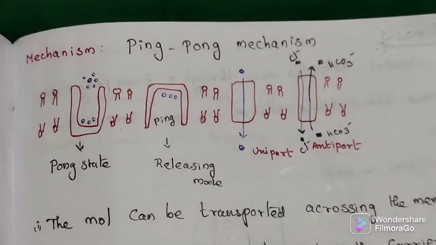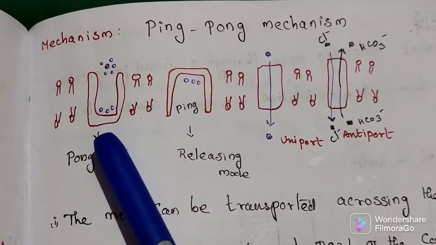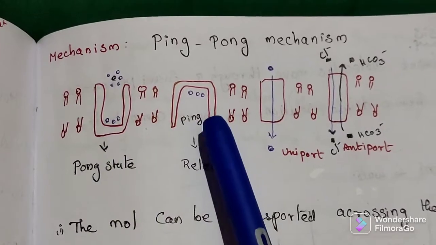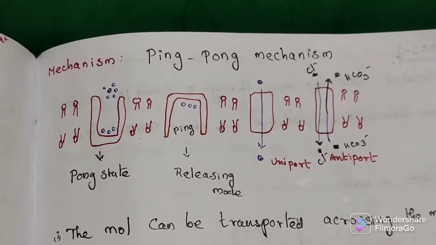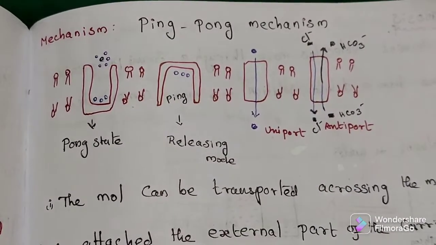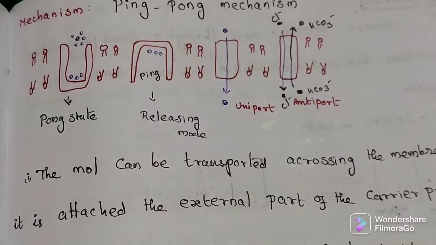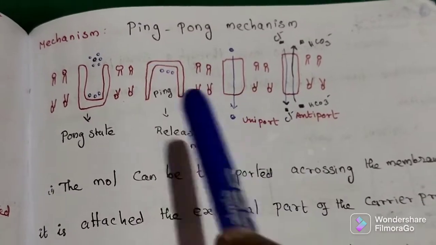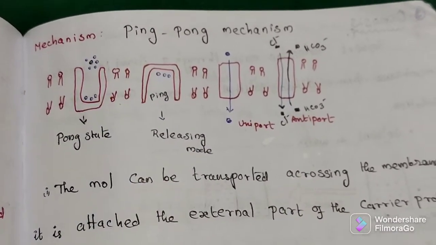This method follows the ping pong mechanism. This one is the pong state, accepting; this one is the ping state, releasing. In the pong state, that means accepting mode, the molecule to be transported across the membrane is attached to the external part of the carrier protein.